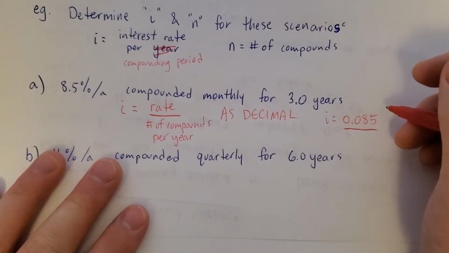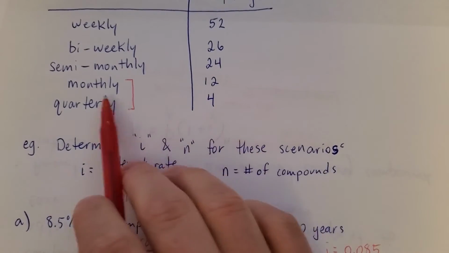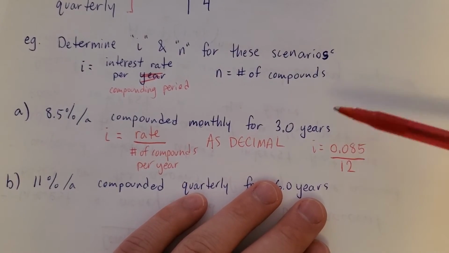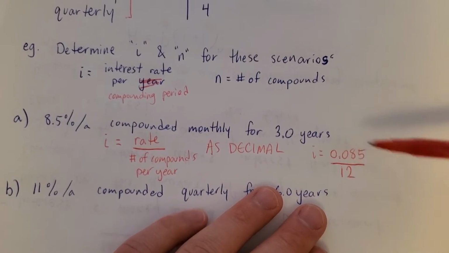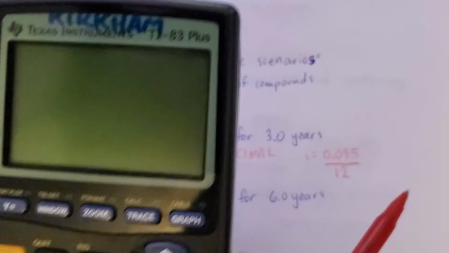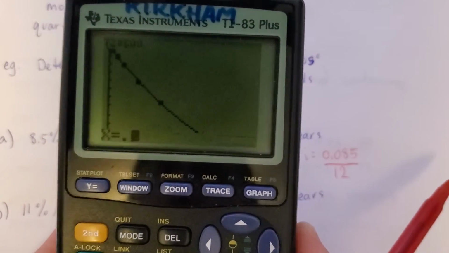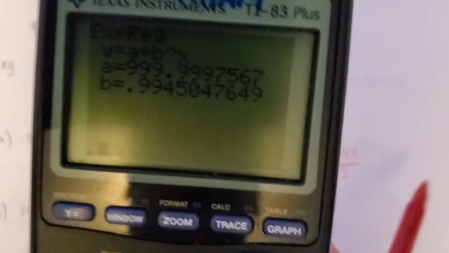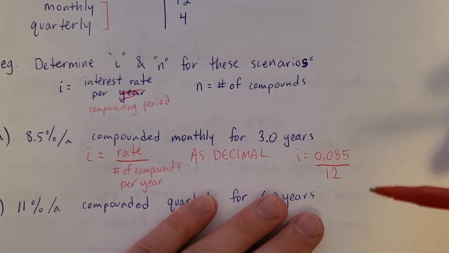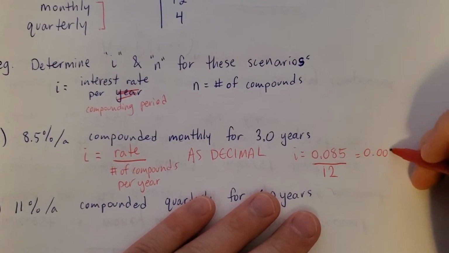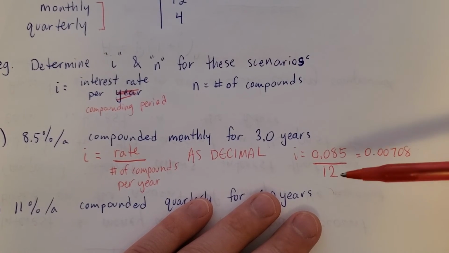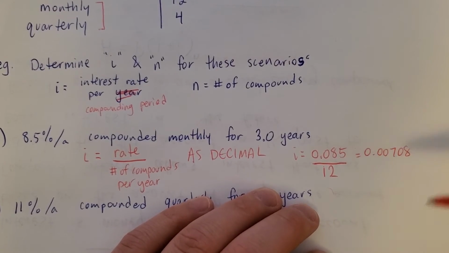It's compounded monthly, so 12 compounds per year. That's what I equals. You can leave it like that when you're doing a big problem, but for today's assignment, I'm sure I'll have to just take it to the decimal. So 0.085 divided by 12. Okay, so 0.00708. That's I. The rate as a decimal divided by how many times it gets compounded every year.